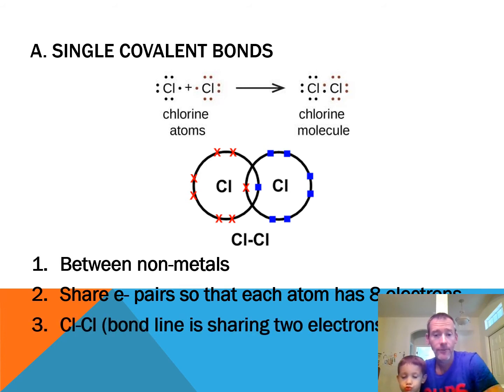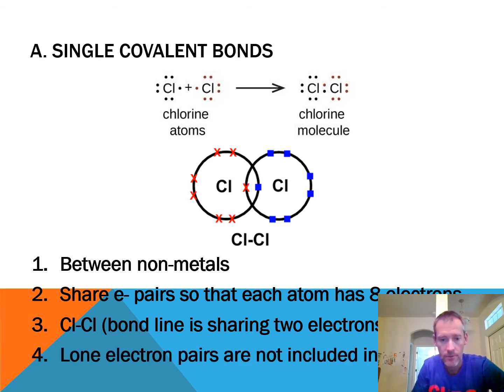So chlorine is sharing 2 electrons to make a bond right here. They have 7, and chlorine has 7, so when they share 1 each, it gives you 8 around chlorine. That's how you count: the electrons in the middle between the chlorines are shared between the 2. So to count chlorine on the right side, you have 6, 7, 8, and then chlorine on the left side has 6, and then 2 in the middle gives you 8.